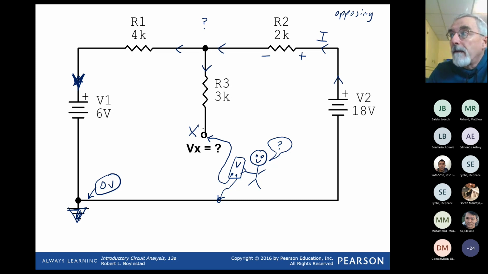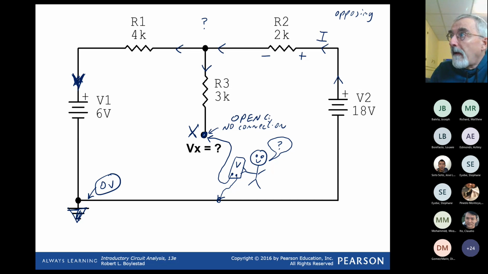However, our keen powers of observation note that there is no connection at this point, other than a voltmeter, and a voltmeter, if it's a good voltmeter, is an infinite resistance, meaning no connection. Another word for no connection is open circuit.